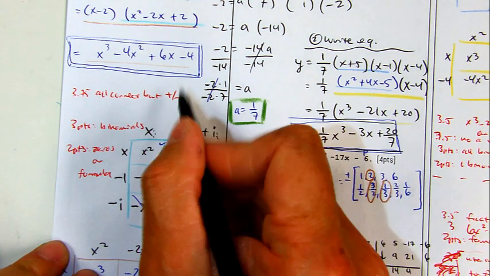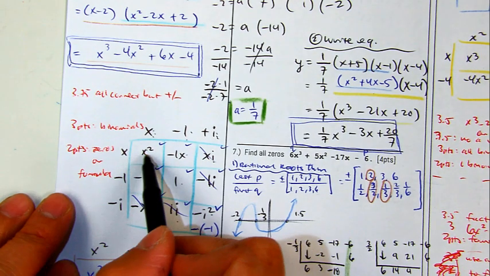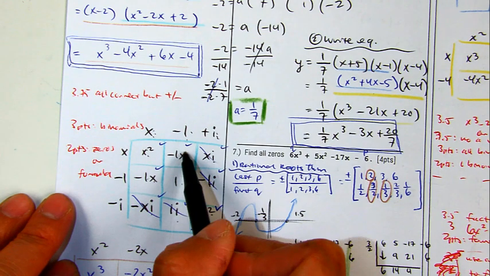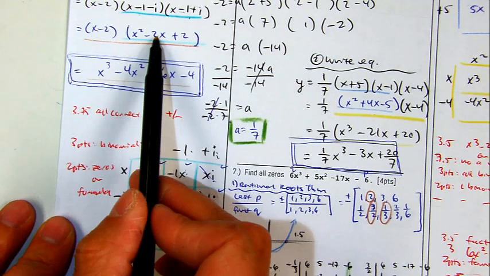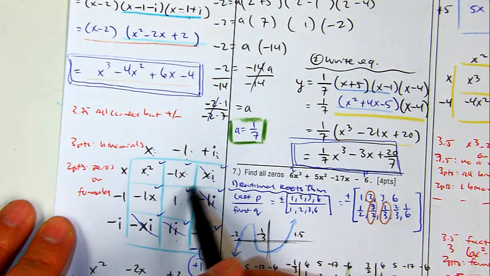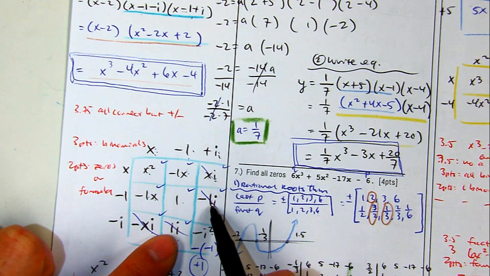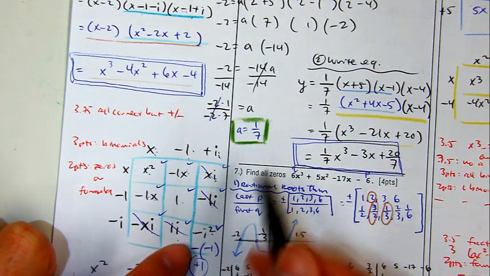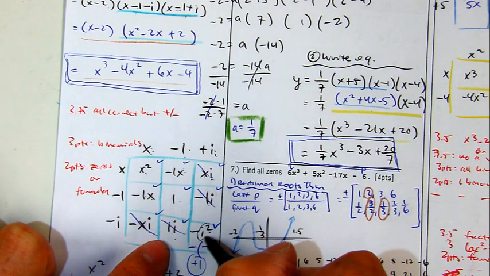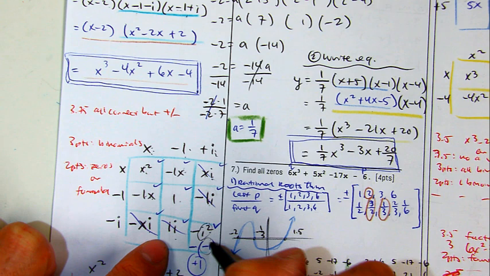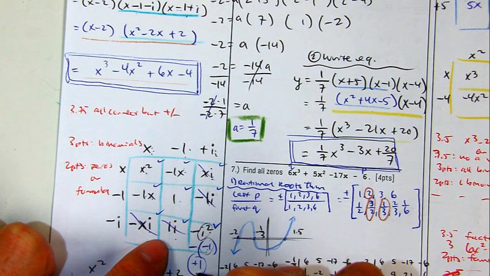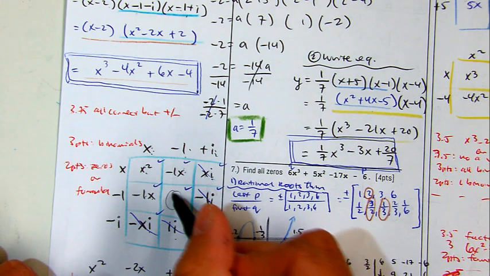So the blue is x squared. These two become -2x. These are opposites, so that equals 0. They cancel. These are also opposites, so cross them off to equal 0. Remember, i squared is equal to -1. And the opposite of -1 is positive 1. So this one and this one become 2.